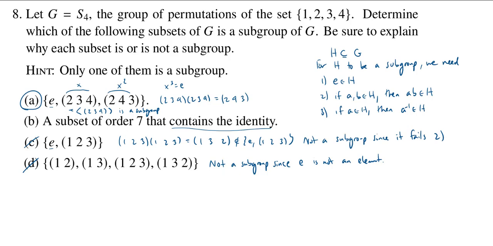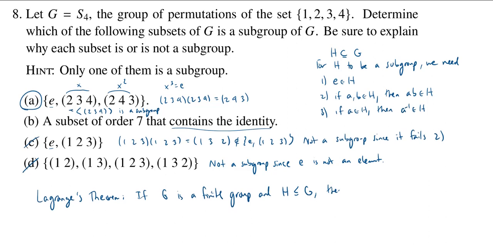Recall Lagrange's theorem tells us that if G is a finite group and H is a subgroup of G, then the order of H divides the order of G. In this case, we have a subset of order 7, and the group G has order 24, 4 factorial.